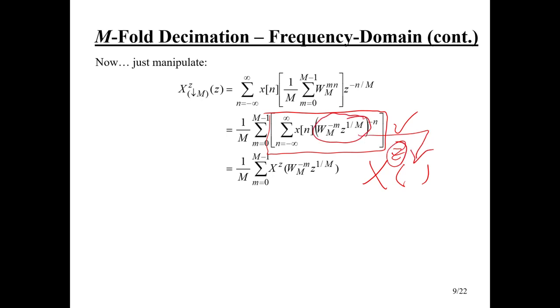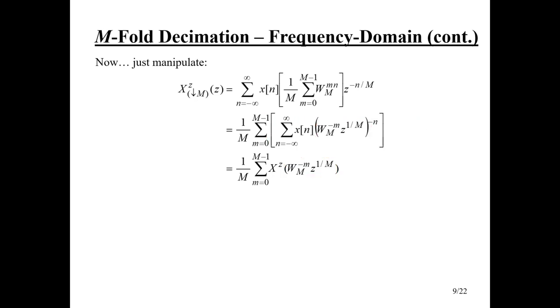That's why I like that superscript z, because I look at this thing and I go, does that tell me it's a z transform? Well, there is a z in there, but it's a crazy thing. So it's the z transform of x, not the decimated one, the original one, with z replaced by all of that stuff. Interesting.